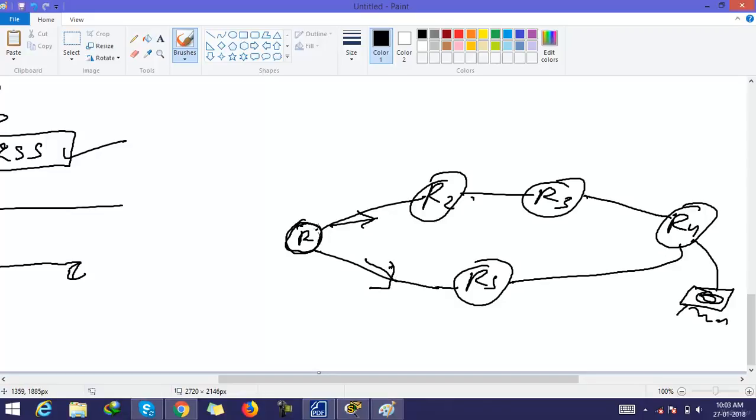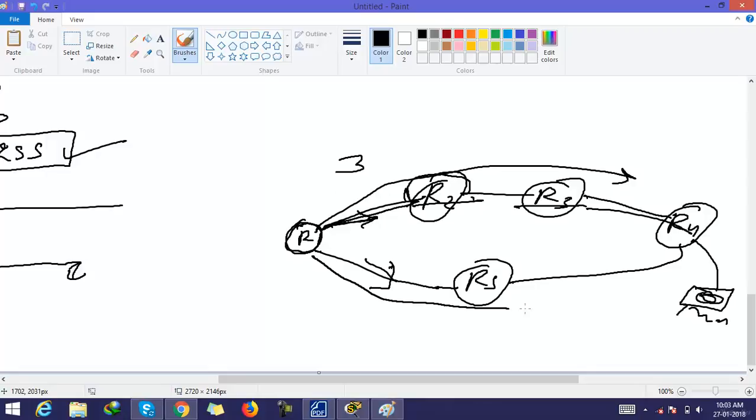The hop count is where a packet goes through a network. So here this is the first hop, this is the second hop, and this is the third. For this route, this router has 3 hops, but for this route, the router has only 2 hops.